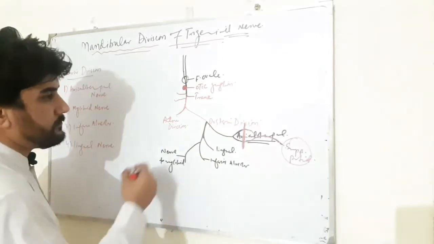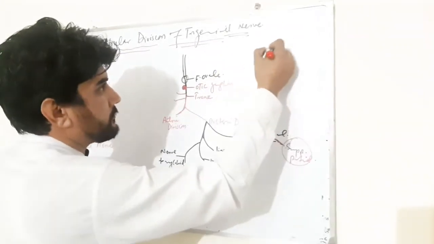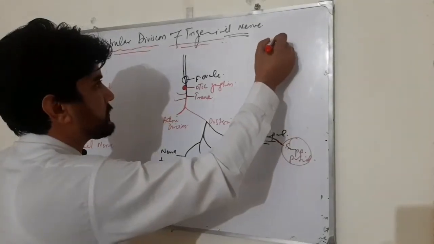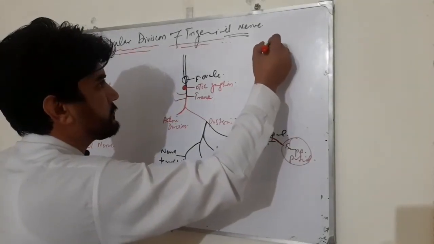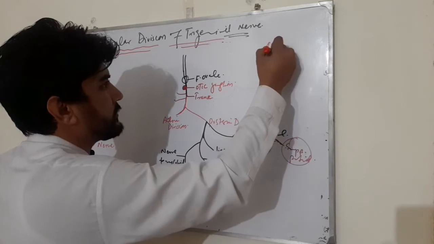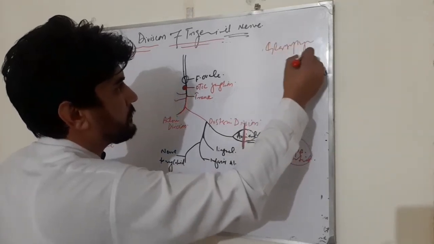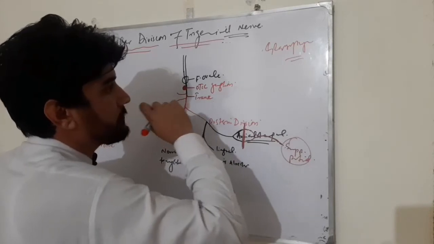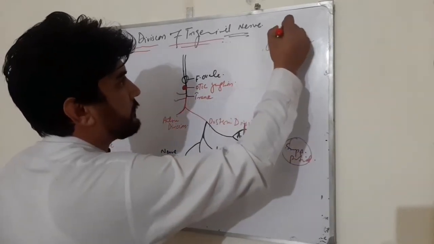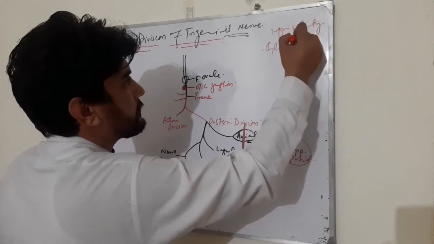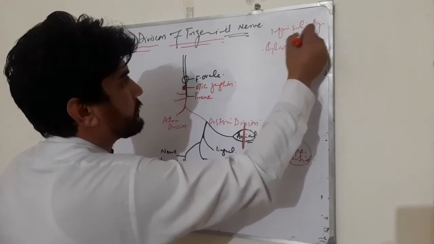Then the parasympathetic supply comes from the glossopharyngeal nerve, from the inferior salivary nucleus of the medulla oblongata.